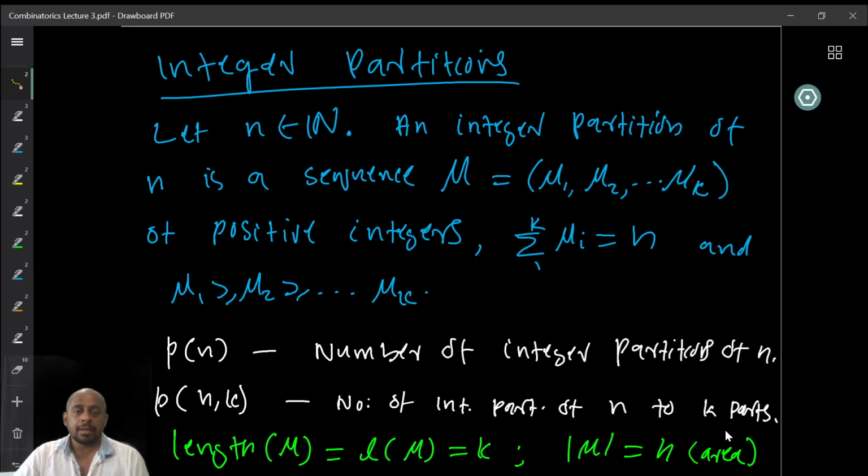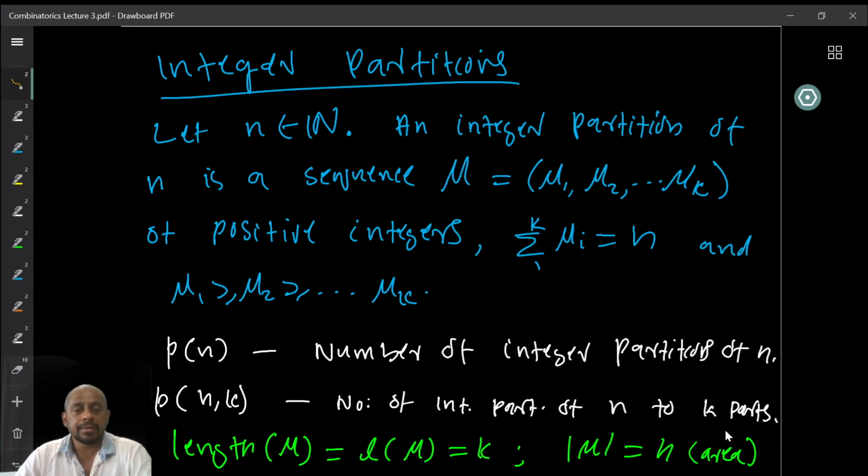Now we already looked at what are called compositions of integers, right? So we have weak compositions and compositions. Now something very closely related is integer partition. An integer partition of an integer n is a sequence, let's say mu equal to mu1, mu2, etc., mu k, of positive integers such that the summation of mu i is equal to n, and mu1 is greater than or equal to mu2, greater than or equal to etc., greater than or equal to mu k.